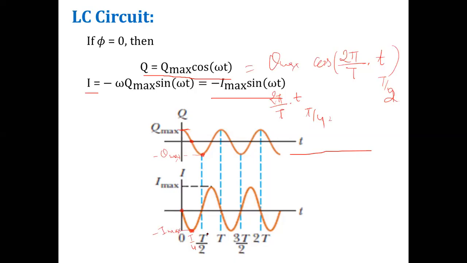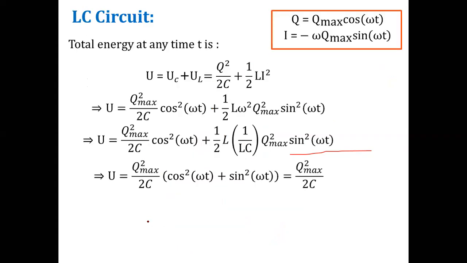Similarly, you can plug in the values of T by 2, 3T by 4 and T, and see what happens to the current. If you look at both the charge and the current, both of them are sinusoidal in nature, and your charge oscillates between two extremes, q max and minus q max. Similarly, your current also oscillates between two extremes, I max and minus I max.